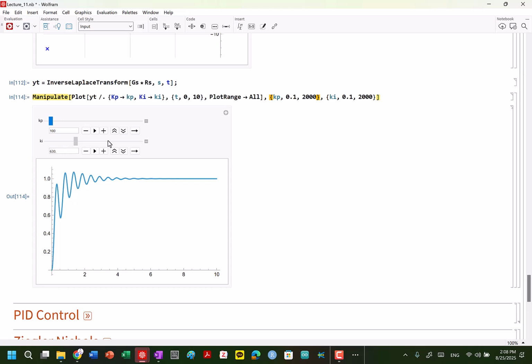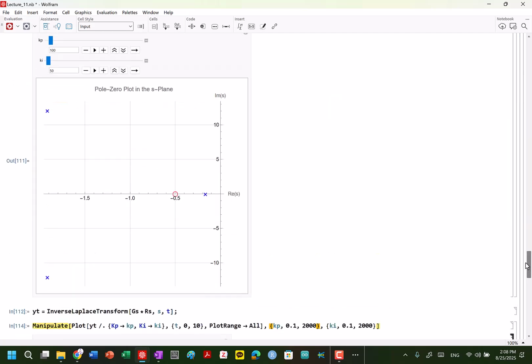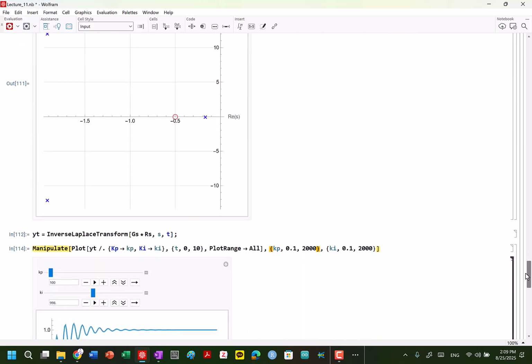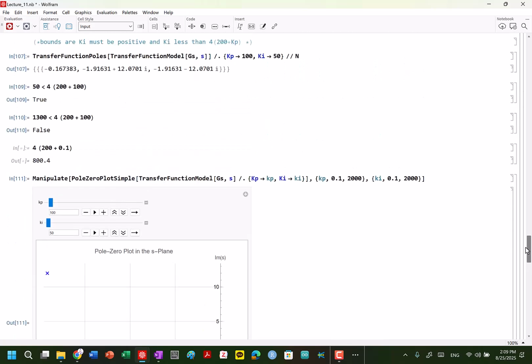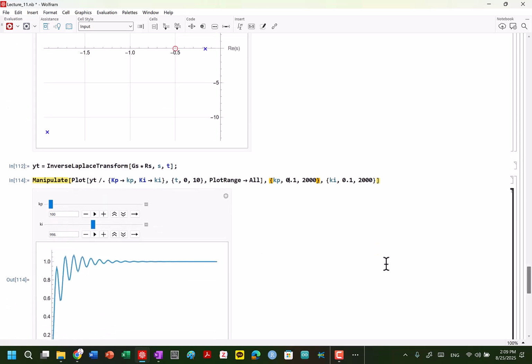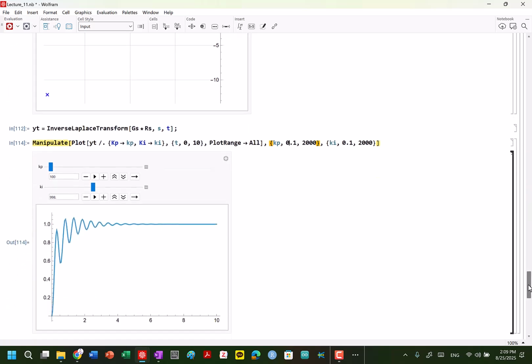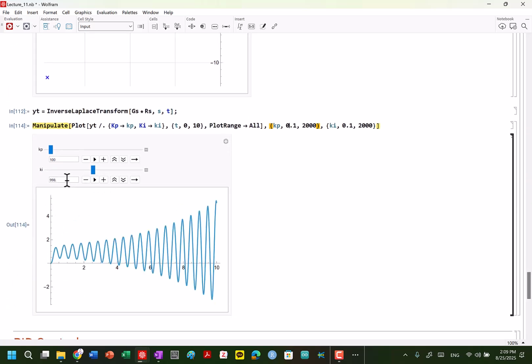But let's increase further. Actually, let's do 1,000. We know that at 1,300, it would be bad. As you're approaching 1,200, it's not really great either. My Mathematica is fighting for its life right now.